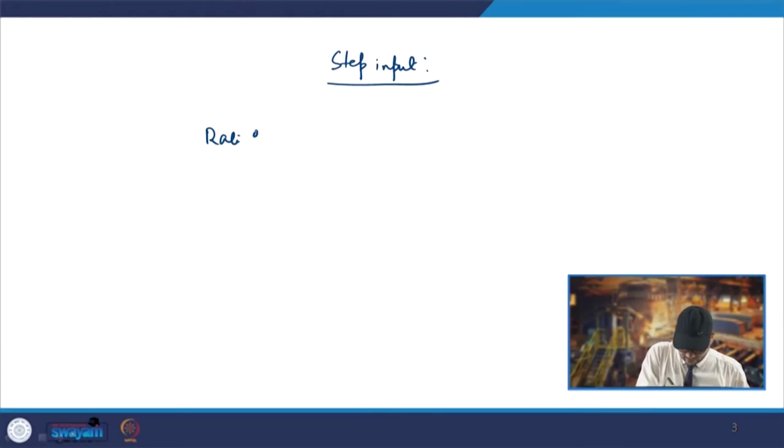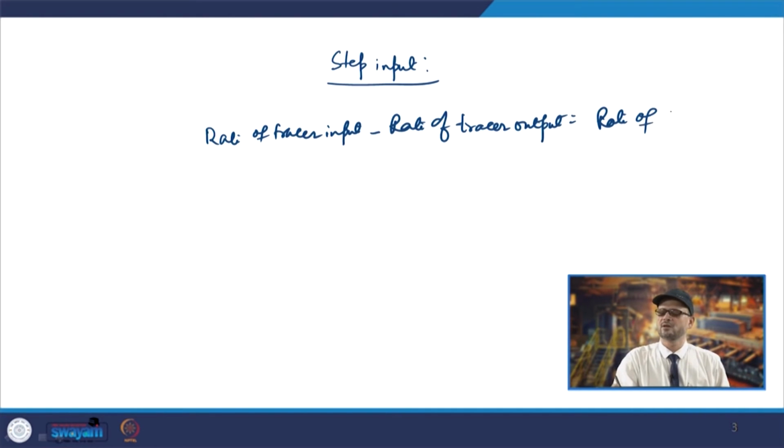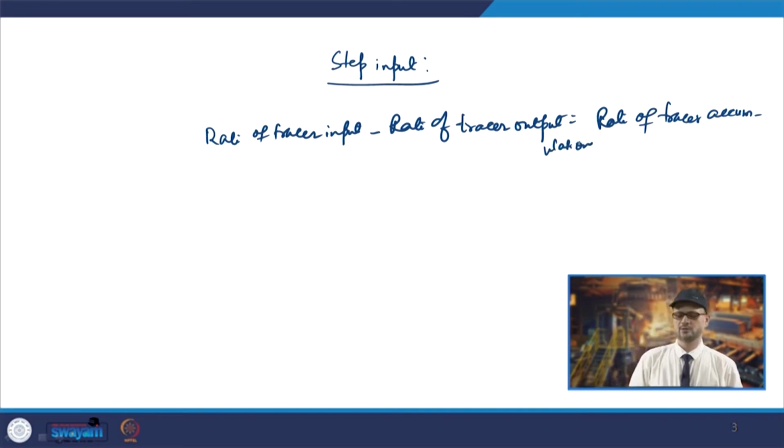Now, in that case again you can have the analysis like you have the rate of tracer input minus rate of tracer output, that will be rate of tracer accumulation. This is what we have seen also in the case of the pulse input, where we found the well mixed flow expression.